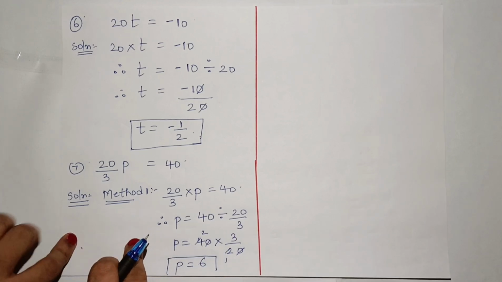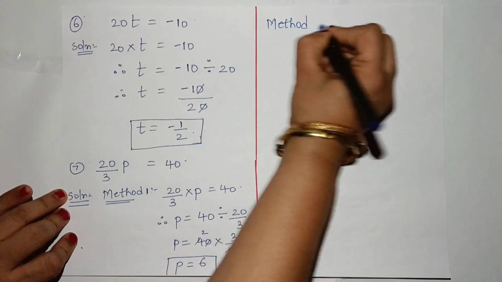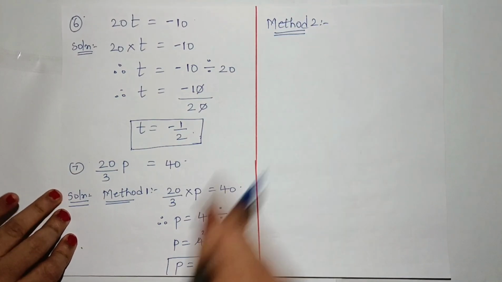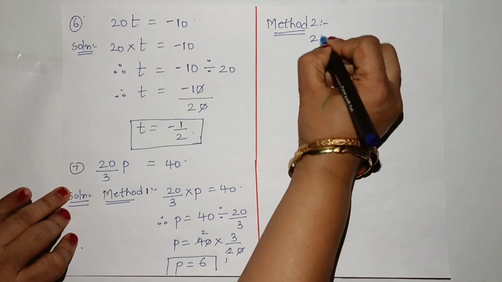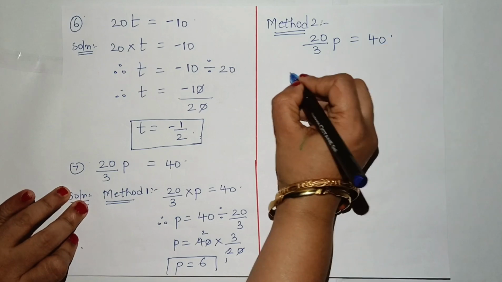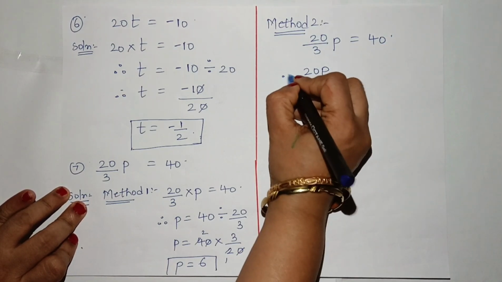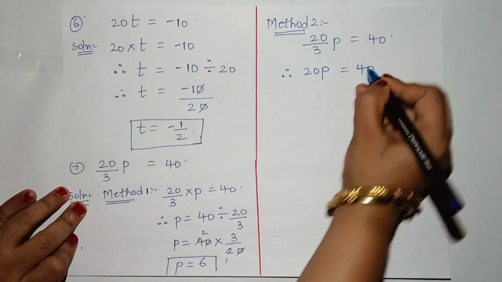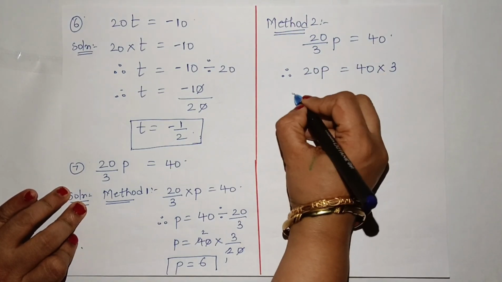Now, for the same question, we are going to see method 2. Whichever method you want, you can follow and you can solve. 20 by 3 P equals 40. Now first find the solution of 20p. So 40, shift 3 to that side, it becomes multiply, correct?